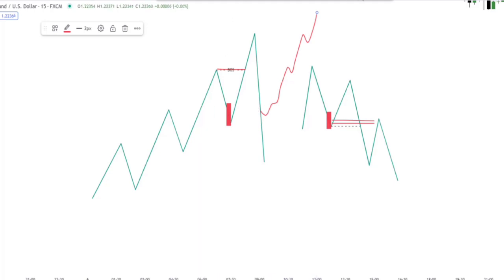But then price finally shifted structure right at that point, this area. This is where you got your shift in market structure, and price decided to come back to retest this area, and it continued to the downside. That is what we call a bearish breaker block.